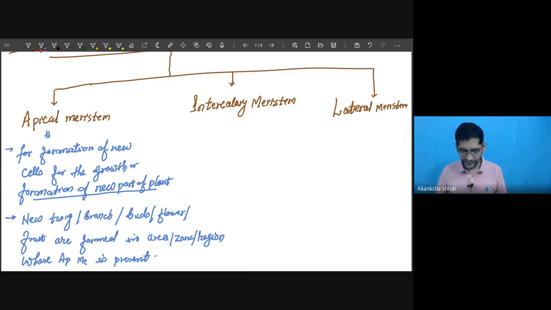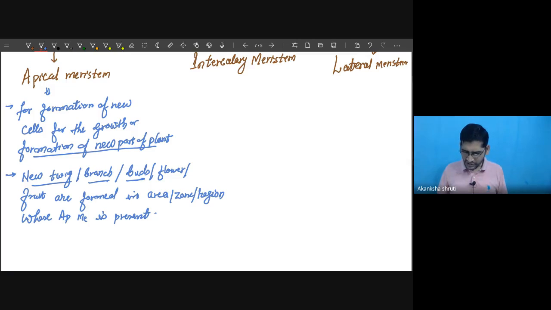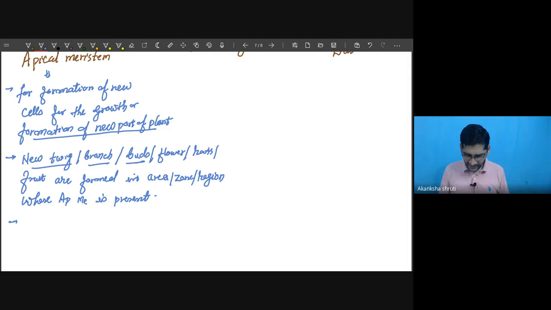Okay, students? Where do these things, like new branches or new buds, or the growth of new roots, form in a plant? One is at the shoot tip.